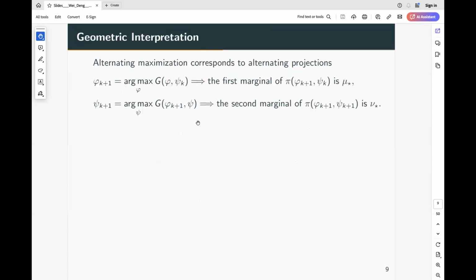And from a geometric perspective, this alternating maximization corresponds to the alternating projections, meaning the maximization of the potential function is equivalent to mapping the coupling to the desired marginals.